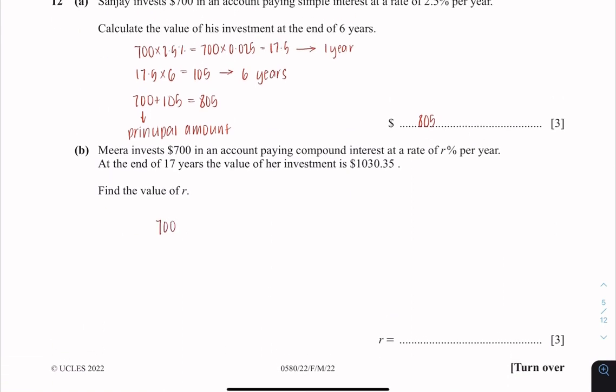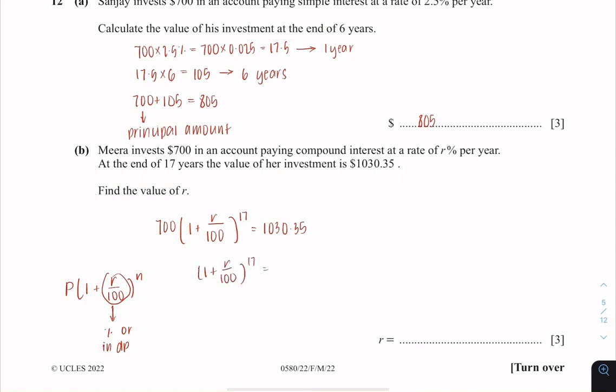So for part B, I'll just be using the compound interest formula. And here is the compound interest formula in case you are not aware of it, where r over 100 is basically in percentage or in decimal places.